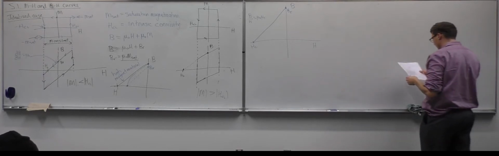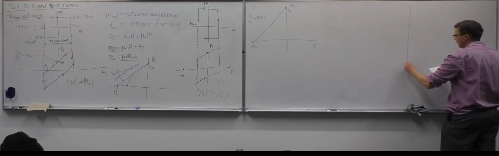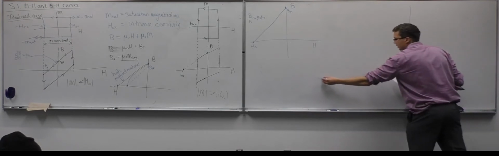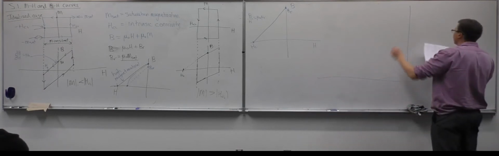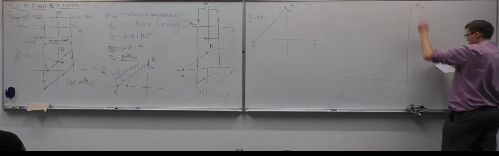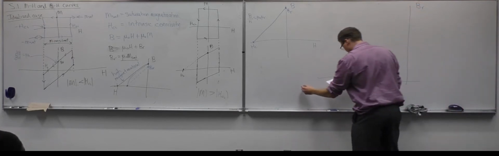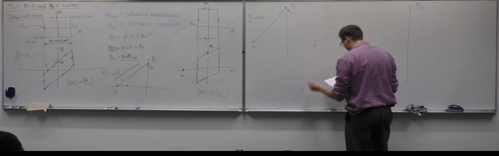So for example, these are different BH curves. If we have BR, and well, actually I'm going to show 4 different ones.